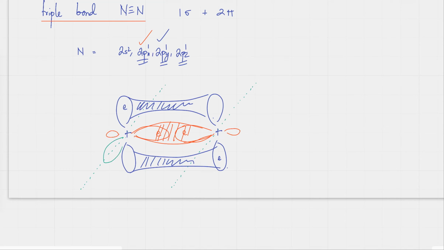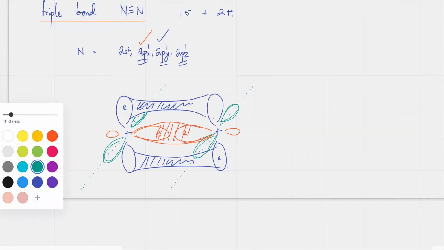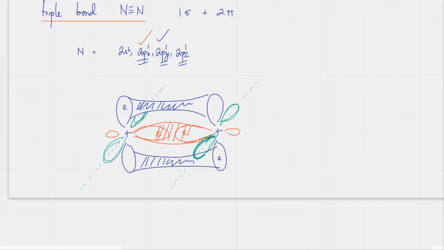So here's your pz orbital, lying on a different axis, on the z axis actually.